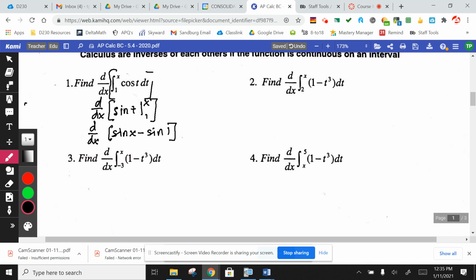We are now done on the inside because hopefully we understand sine of 1 is a number. Like if you could plug that into your calculator right now, it's going to give you a value. So what you're then going to do is turn around and take the derivative of these. The derivative of sine of x gives us cosine of x minus, and like I just mentioned, I don't know what sine of 1 is off the top of my head, but I could do that in the calculator.